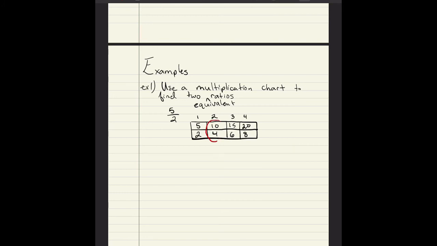And now all of these can be used as equivalent ratios because they're all equal to the original ratio. So now I can just pick which one I want to do. So 10 over 4 works, and so does 15 over 6.